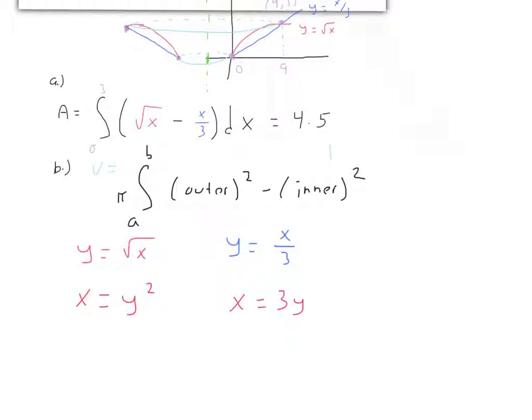So now that I know what they are in terms of y, I can think about my radius in relation to the line of revolution. So my outer radius, all of these guys, I can find by taking the distance between that blue function and the line of revolution.